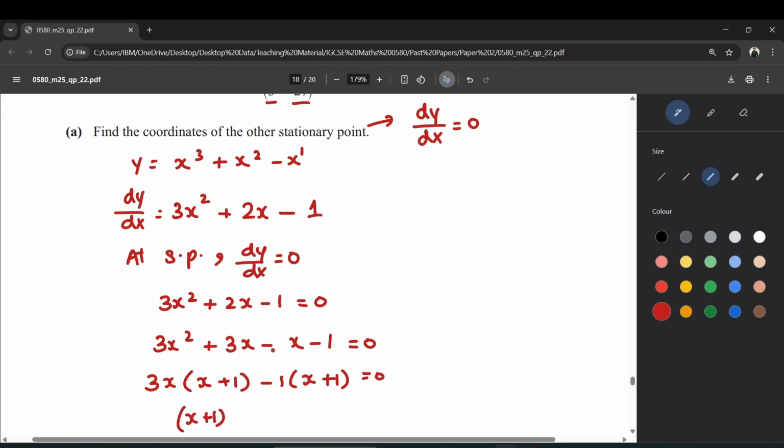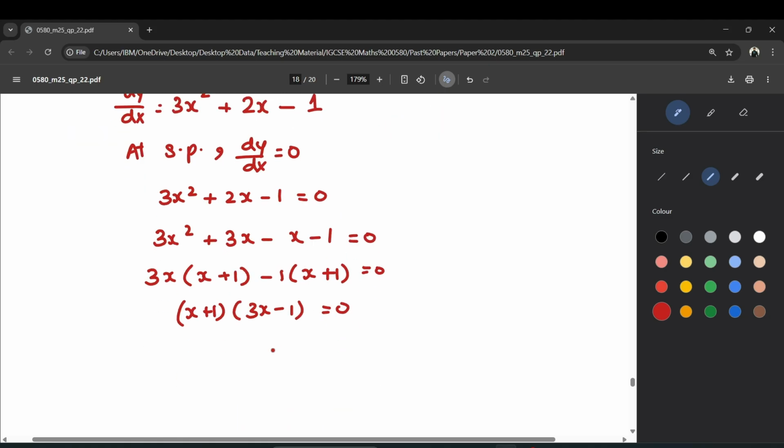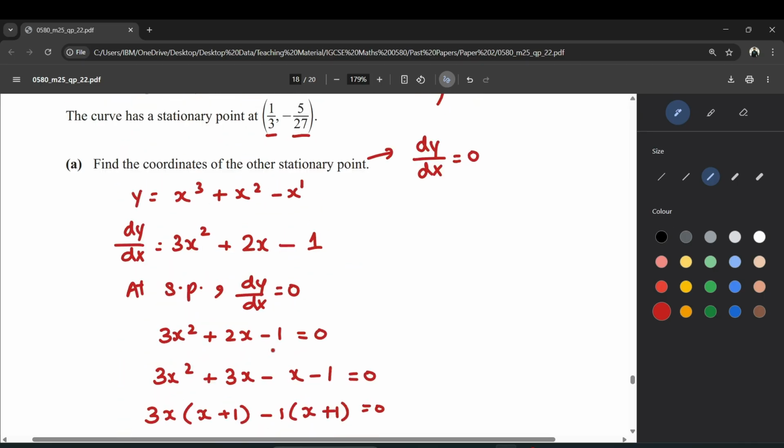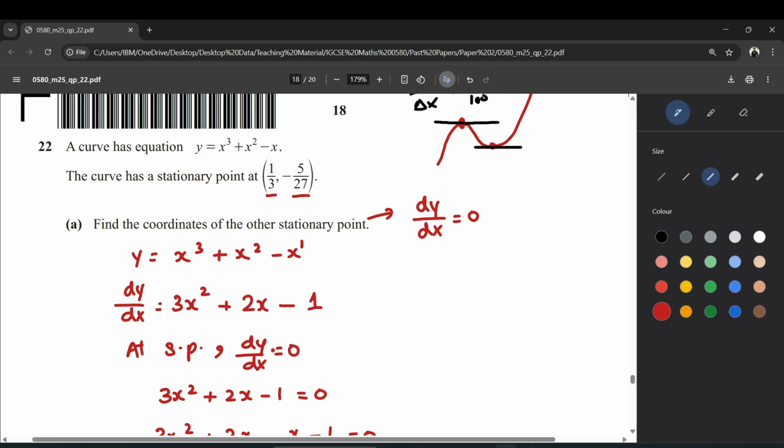So x plus 1 is common and we would be left with 3x minus 1 equals 0. That means x plus 1 is equal to 0 and 3x minus 1 is equal to 0. So x is equal to minus 1, and over here 3x is equal to 1, therefore x is equal to 1 upon 3. This is the x coordinate of the first stationary point. We need to find the coordinates of the other stationary point.